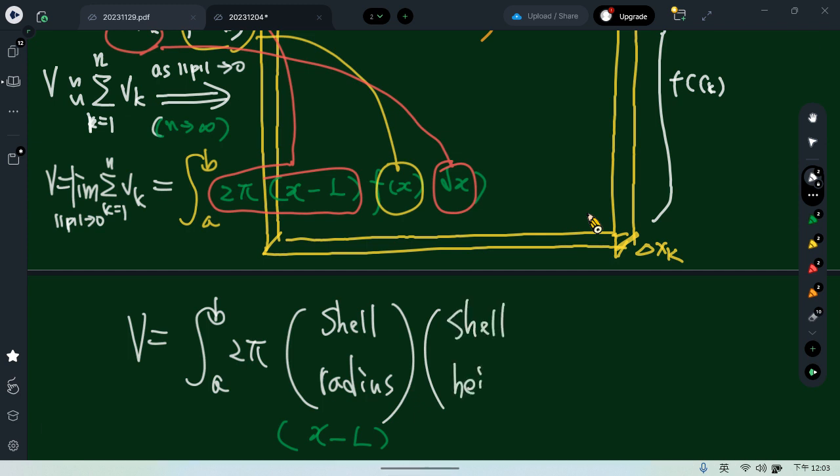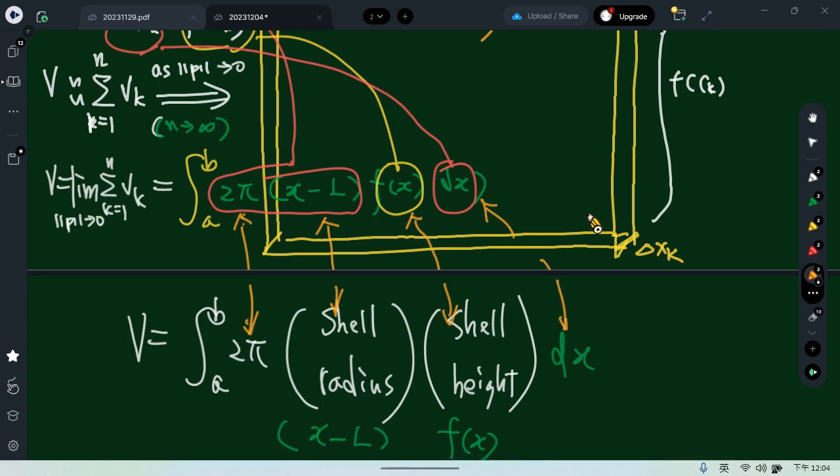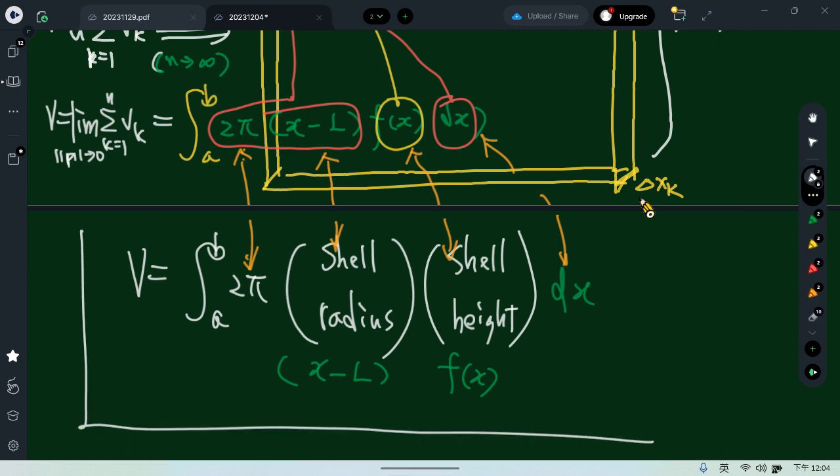How high? It is f of x, then dx. You can see there is also a mapping: 2 pi is here, shell radius, shell height, then dx. So finally, please just memorize this one.